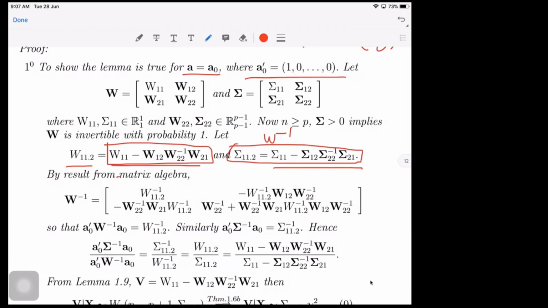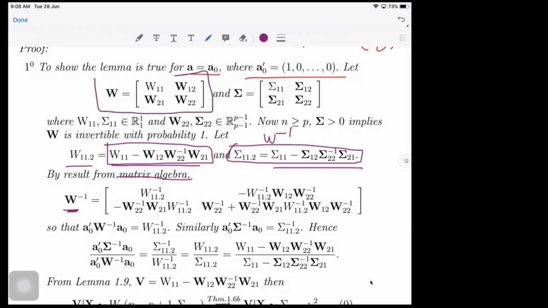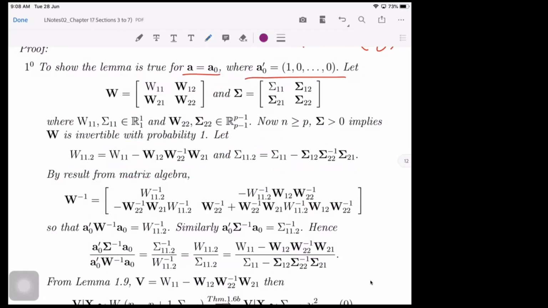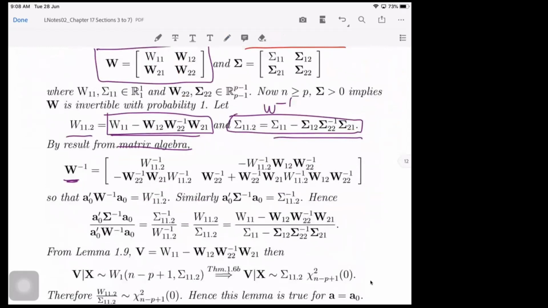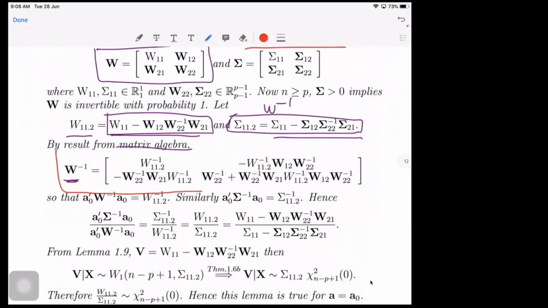So matrix algebra tells you that if you want to find the inverse of W, if you have this form, then the inverse will be equal to this form. So it's the inverse of W here.